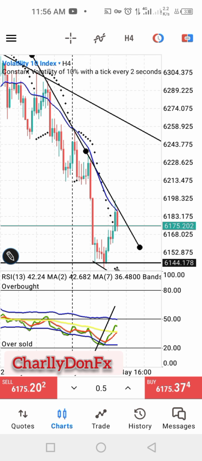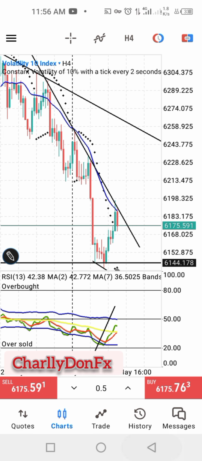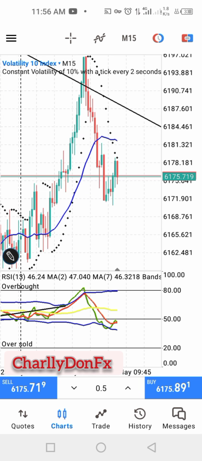Yes, exactly. Because if you agree with me, you have one touch, two touch, three touch. Now, the market has started reacting on the line there. Can you see? Now, we'll go down to our 15 minutes time frame.